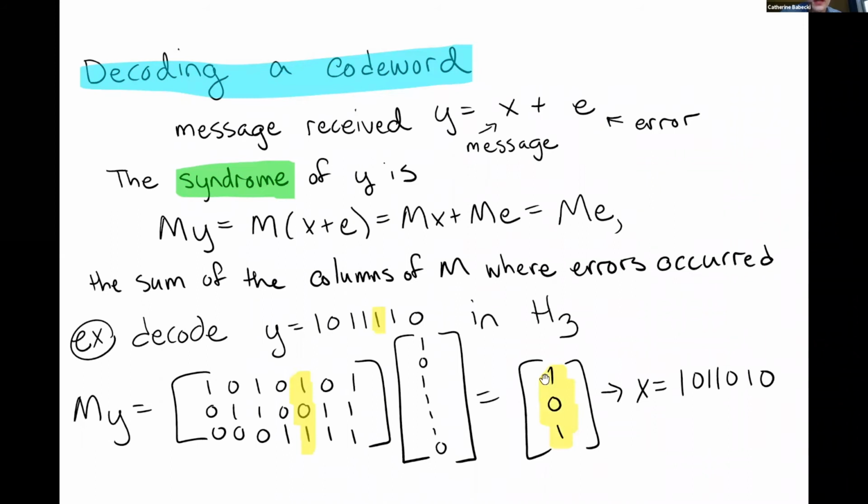We're going to take on faith that errors aren't too likely. So instead of looking for some sum of columns where errors have occurred, we say, can we find a column that matches this syndrome? And with the Hamming code, yes, there is.